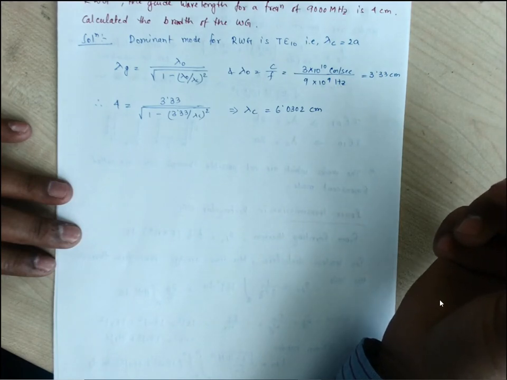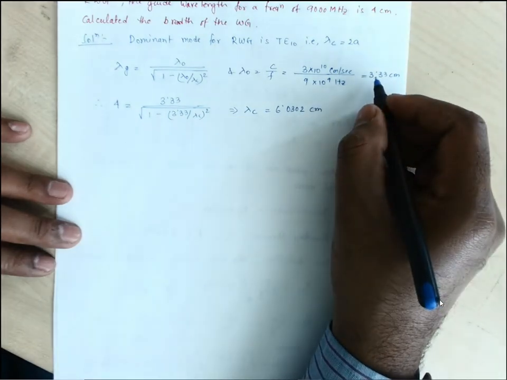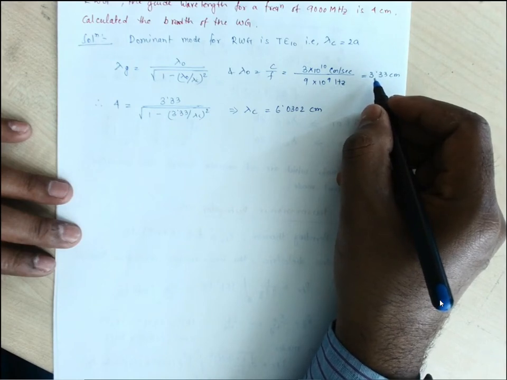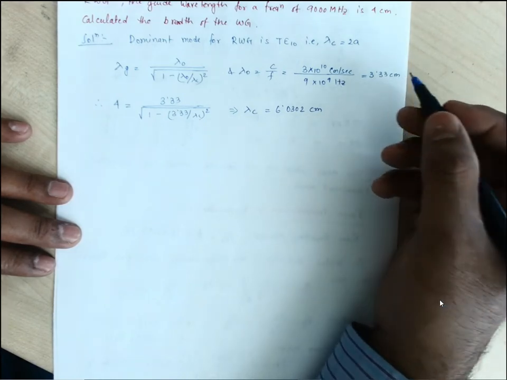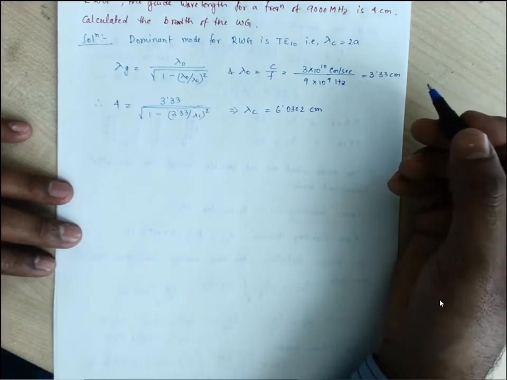Here this lambda c is greater than the operating wavelength. We need to reconfirm this: the cutoff wavelength should be greater than the operating wavelength, then only the wave can propagate inside the waveguide. Always we need to reconfirm this thing.